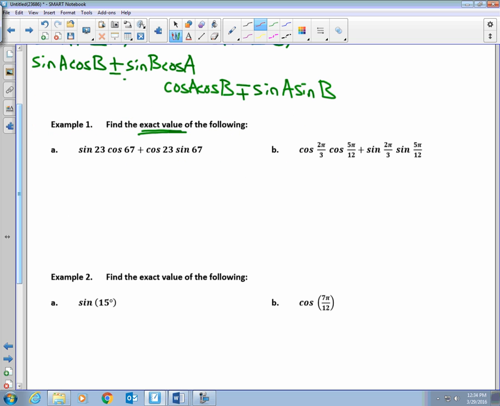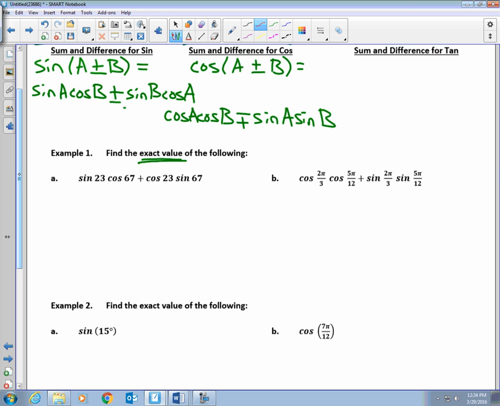So, does this look like something we've already written? What does it look like? Yeah, it looks like sine of an angle A times cosine of an angle B plus the cosine of an angle A times the sine of an angle B. And what did we say that's equal to?